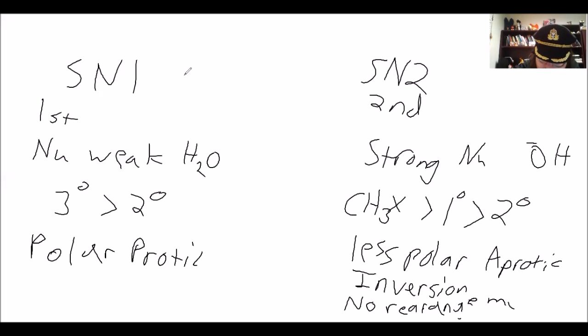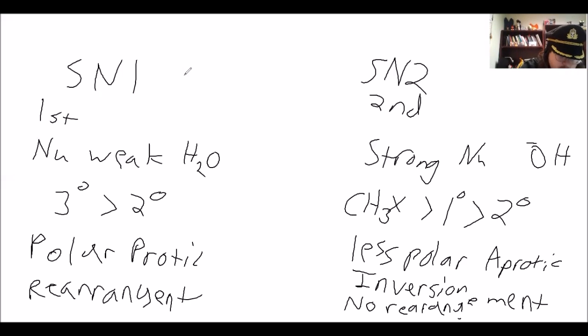While with Sn1 rearrangement is often possible, and in fact is often common. Basically, if you have a chance to go from a secondary carbocation to a tertiary carbocation, you're going to see some sort of shift.